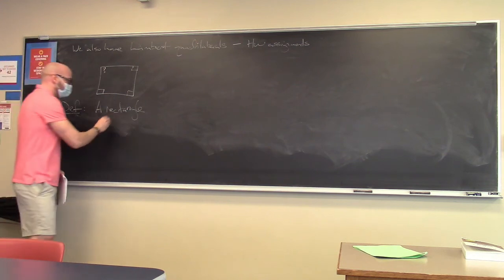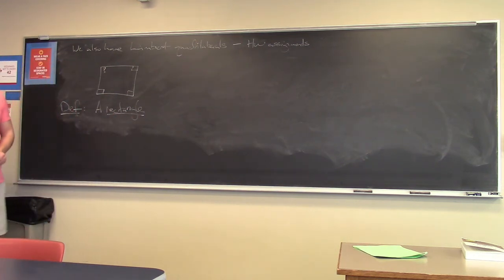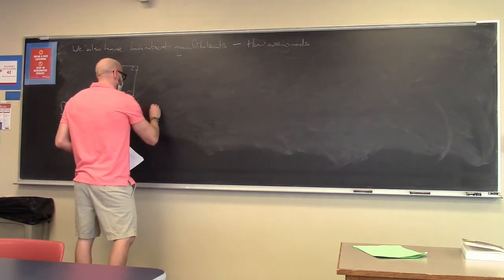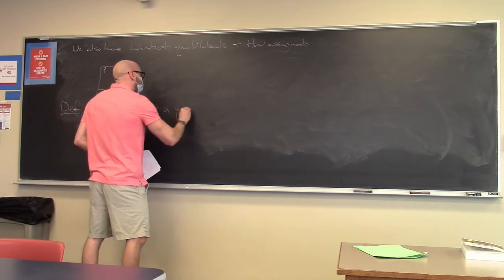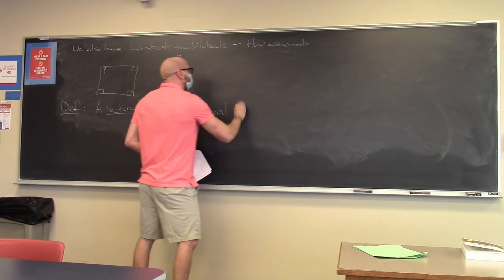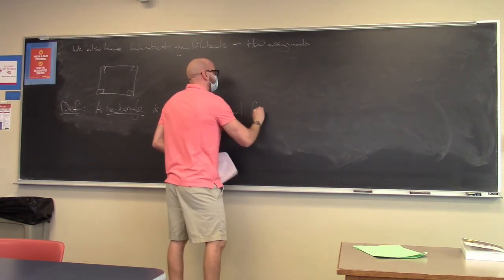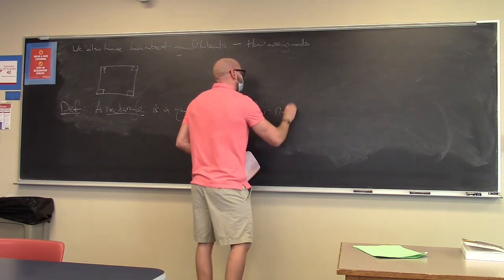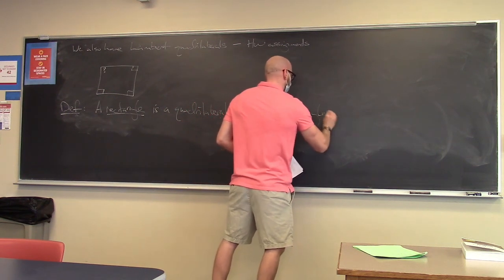But a quick definition, I'm sure you already know this, but when I'm talking about rectangles, a rectangle is a quadrilateral with 4 right angles.